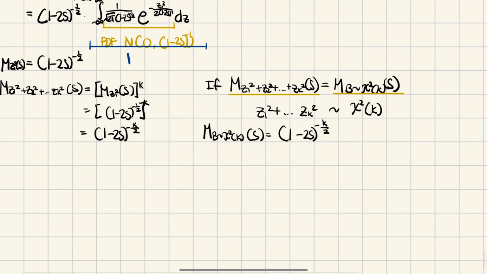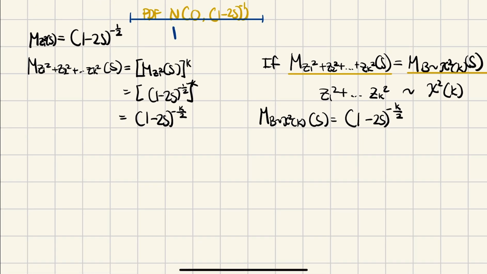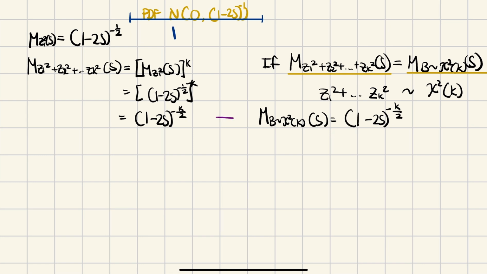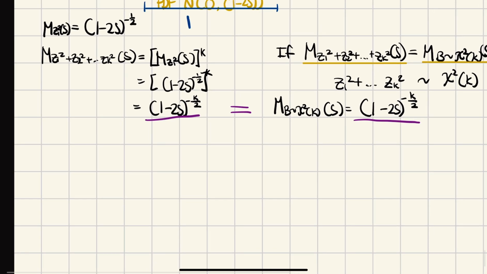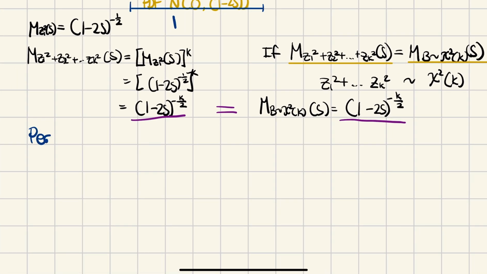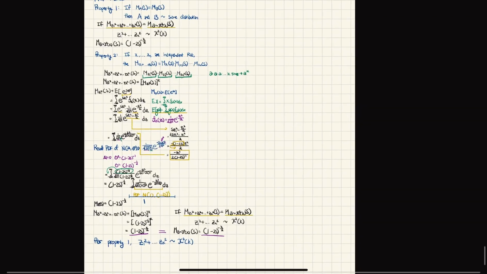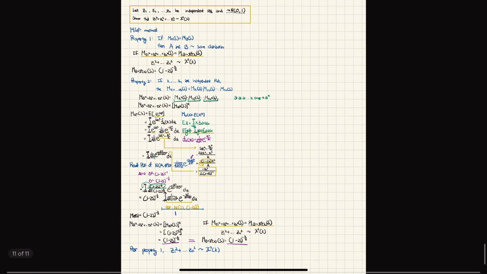And as we see over here, they're in fact equal. This is equal to this, which means that per property 1, z1 squared plus all the way until zk squared follows a chi-squared distribution. And voila! That's how we solve the problem using the MGF method.